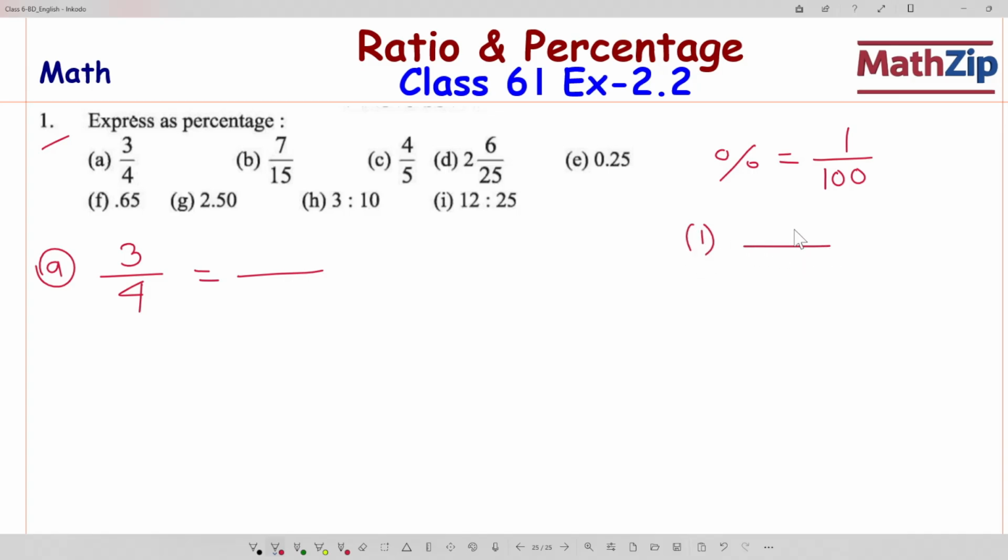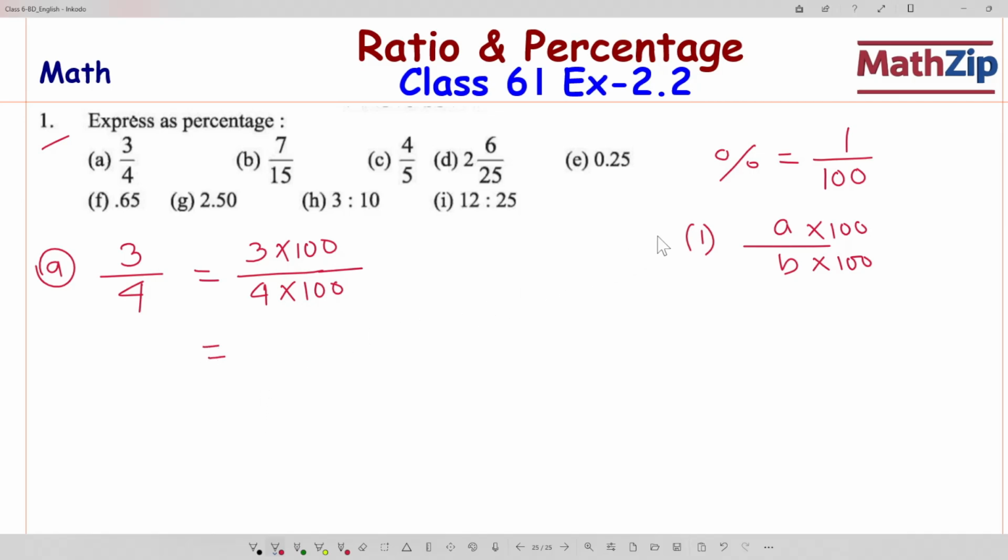This is a fraction, A by B. For this fraction, numerator and denominator, we have to multiply by 100, right? So this is 3 times 100 and 4 times 100, a similar thing.